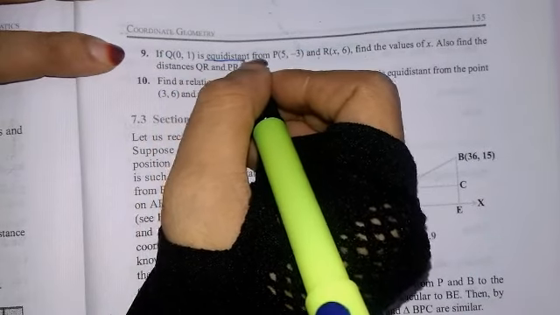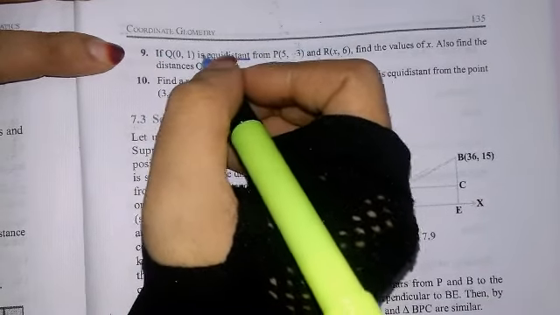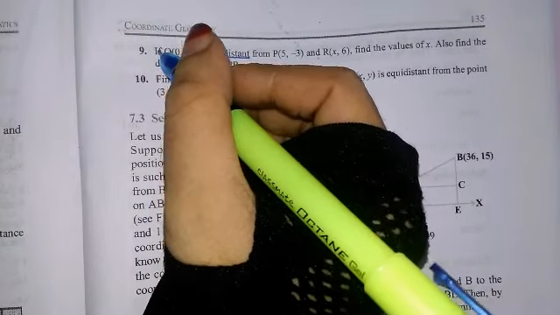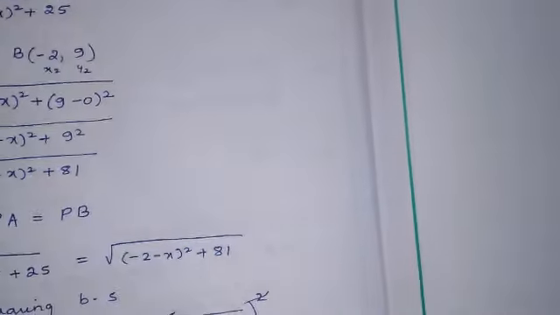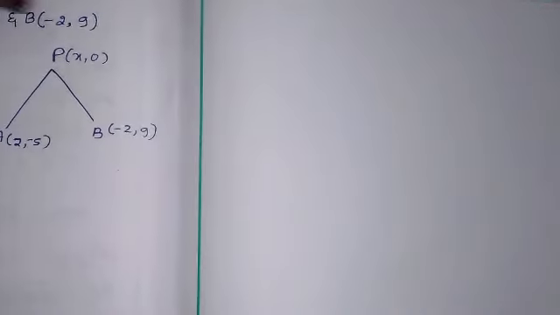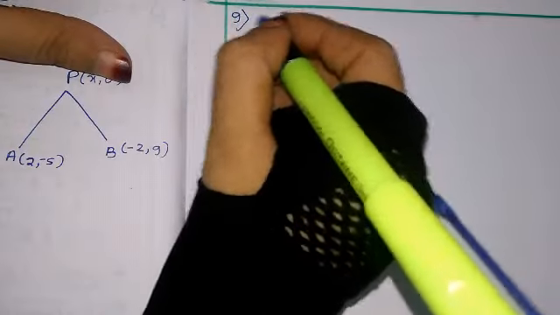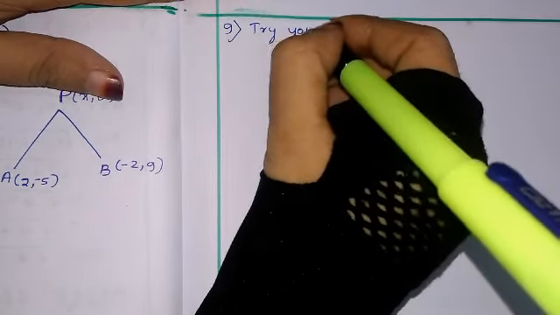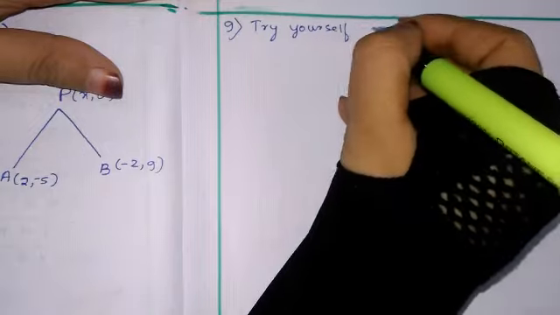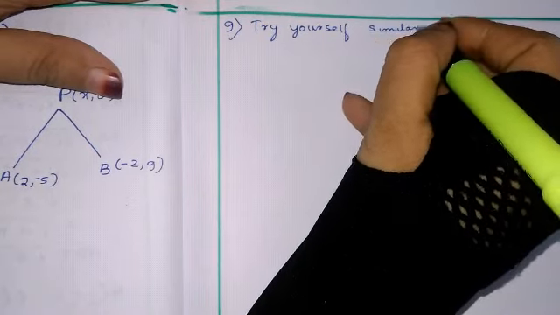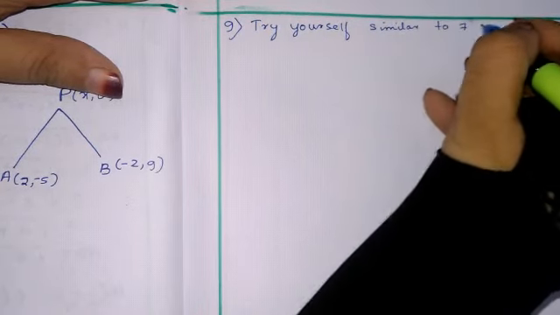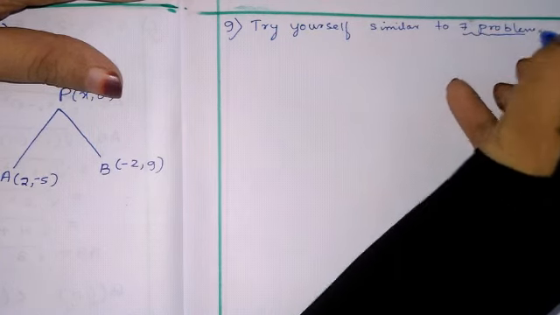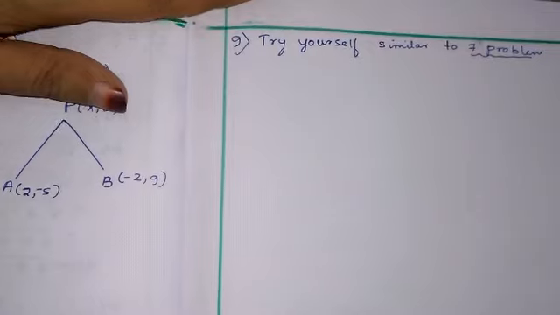You can see that equidistance, which I have solved now; the 7th problem is exactly same, similar type of 9th problem. So the 9th one, what you have to do is try yourself, which is similar to the seventh problem. Just now I have done it a bit differently, but it is almost similar.